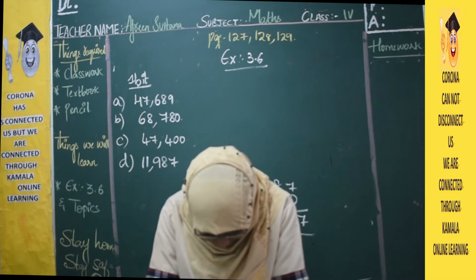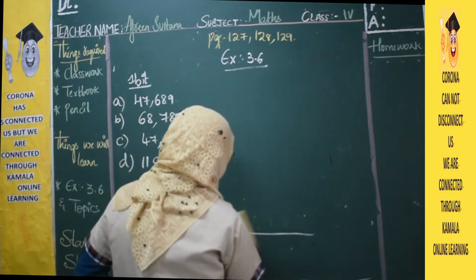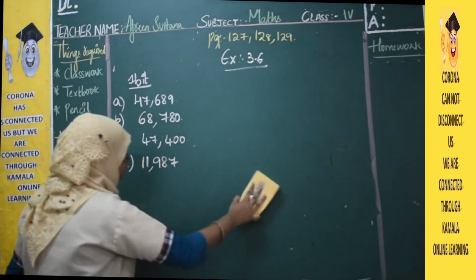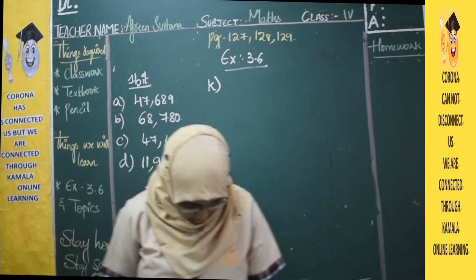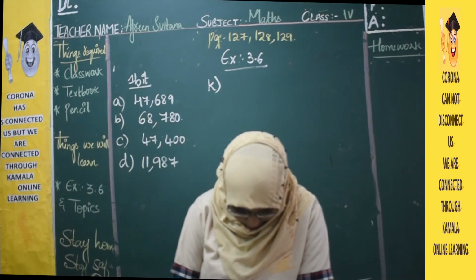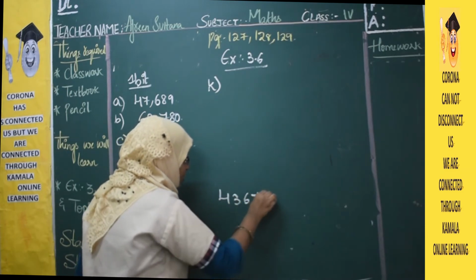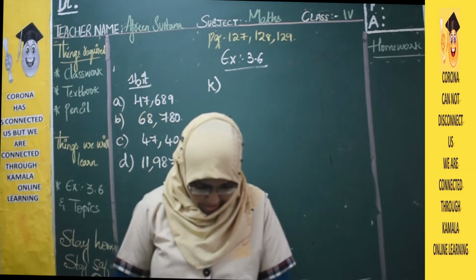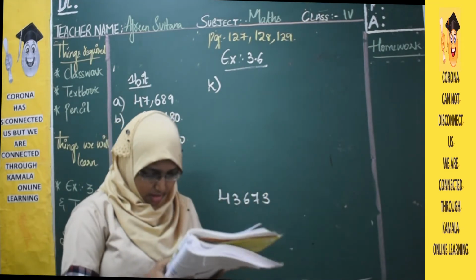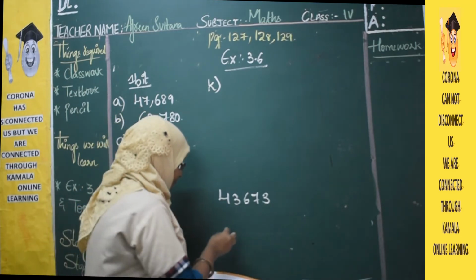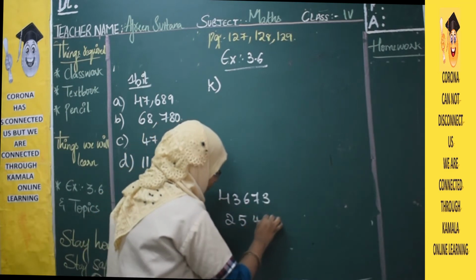Here they asked us to find the subtrahend. So how do we find the subtrahend? To find the subtrahend, we need to subtract minuend minus difference, right? Let us go with K. See what is the question over here. 43,673 is our minuend. 43,673 minus, and here they have given the difference as 25,450.